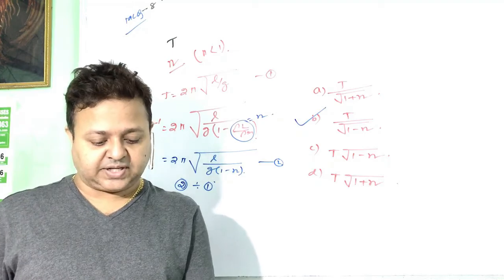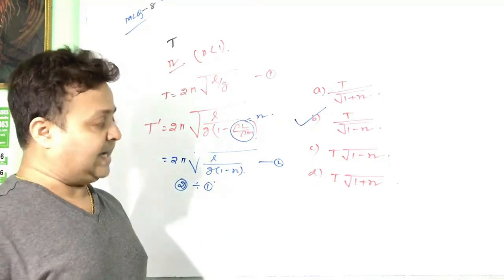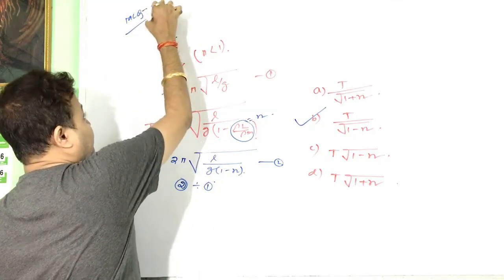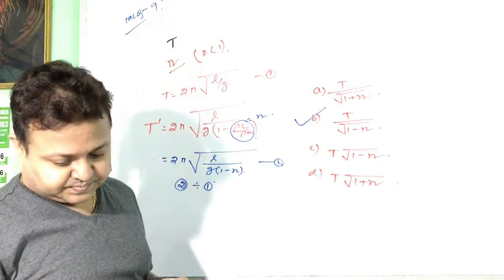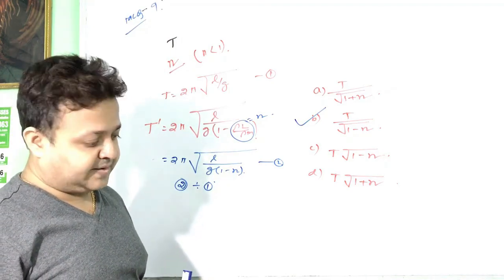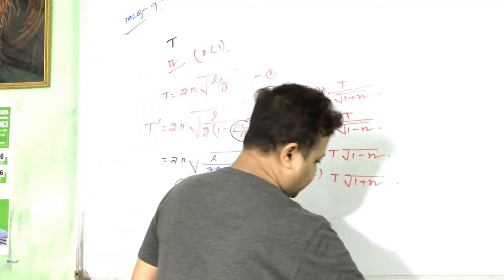The maximum velocity in meter per second will be? Take G equal to 10.